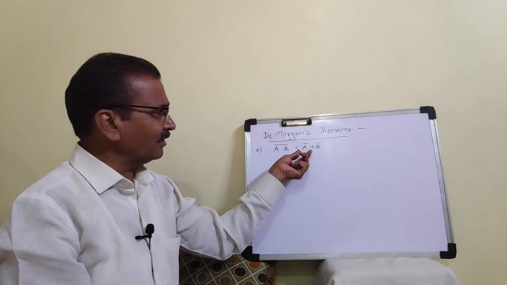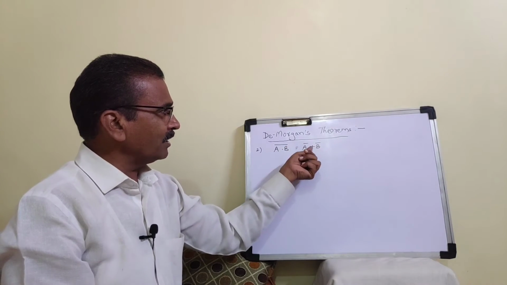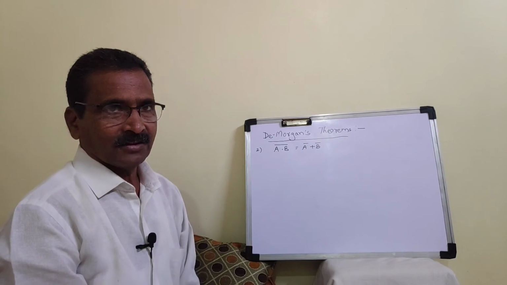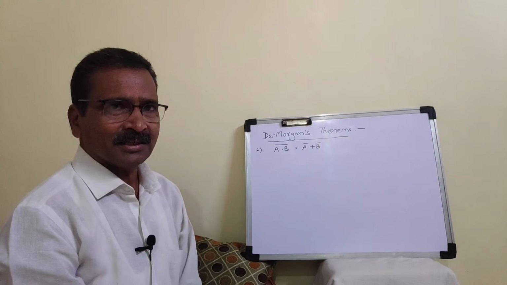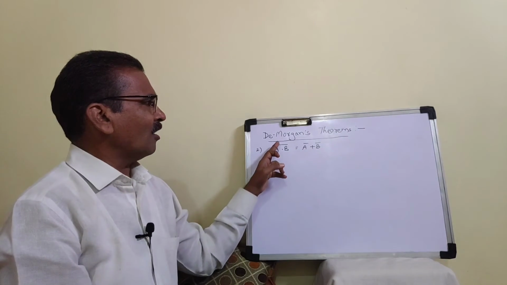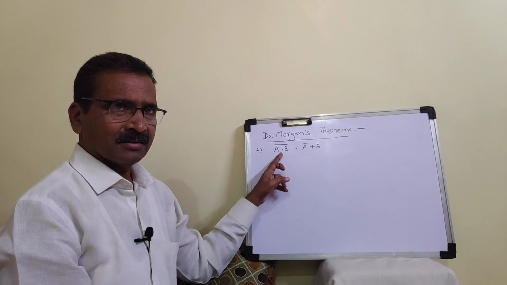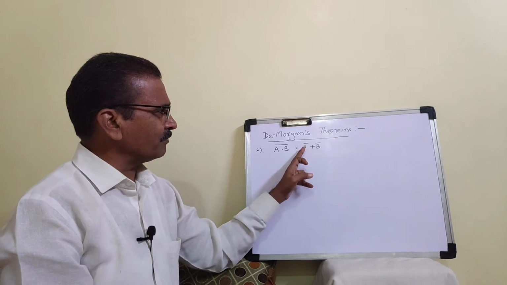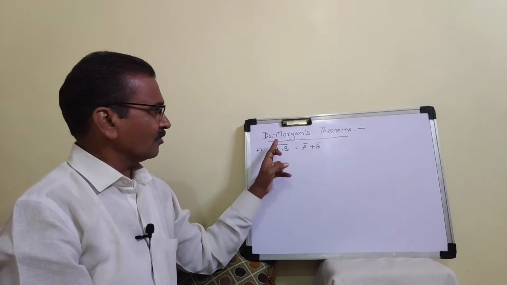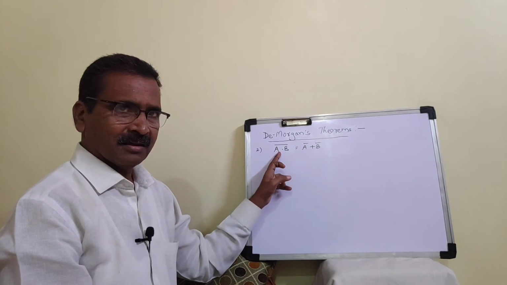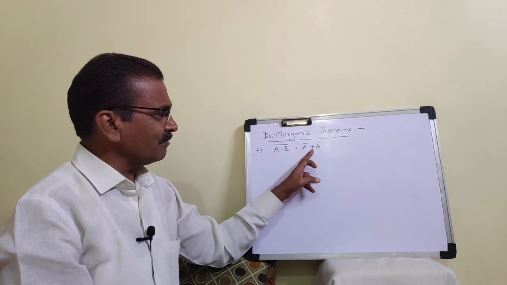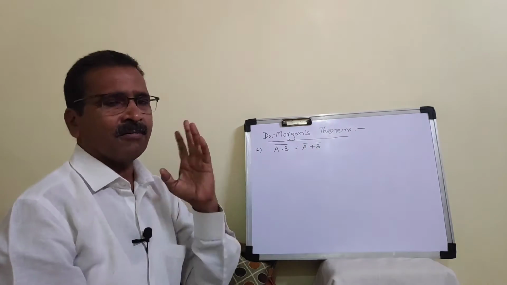This is equivalent to bubbled OR gate. So this second theorem is stated as complement of product is equal to the sum of the complements. Complement of product equal to the sum of the individual complements.